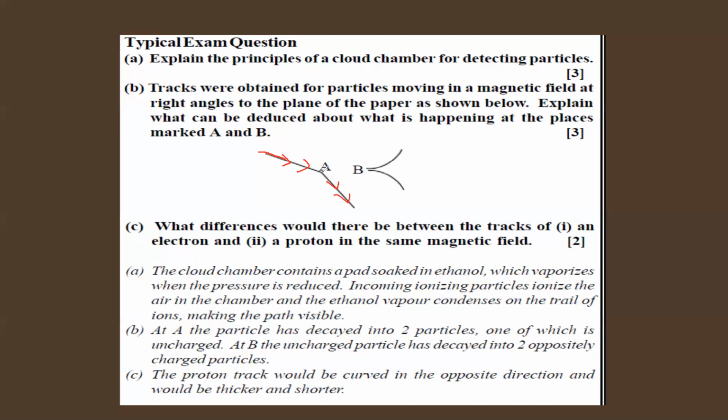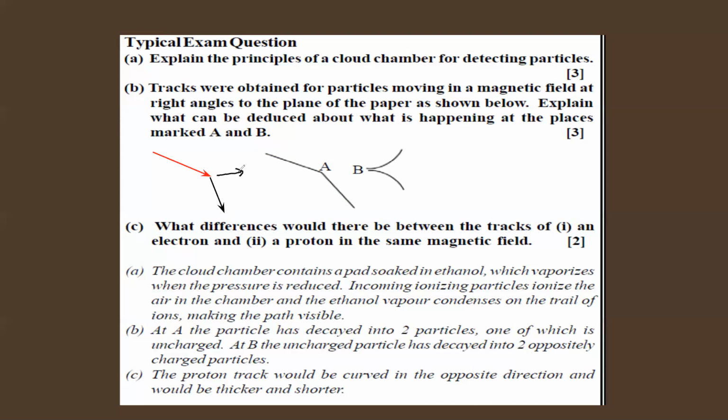But because momentum should be conserved, if it changes direction, there should be another particle, because the initial momentum should be equal to the final momentum. So if this was the original path and it deviated from its path, but there is no other particle we see, there should be another particle.